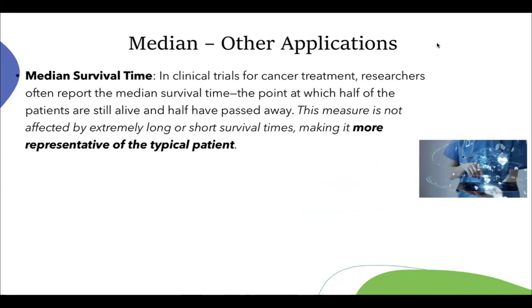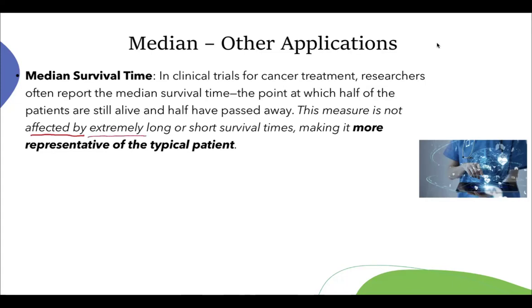So some other applications of the median, we can calculate a median survival time. If we're looking at clinical trials for cancer treatments, researchers often report the median survival time, the point at which half the patients are still alive and half have passed away. This measure is not affected by extremely long or short survival times, because we are trying to stay away from the extreme values, the outliers.